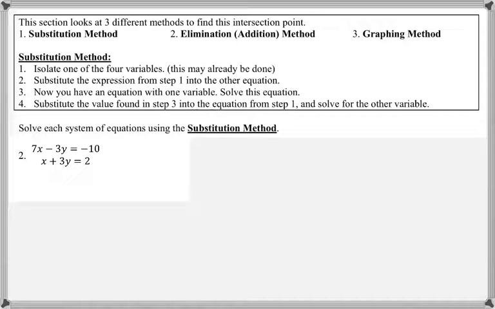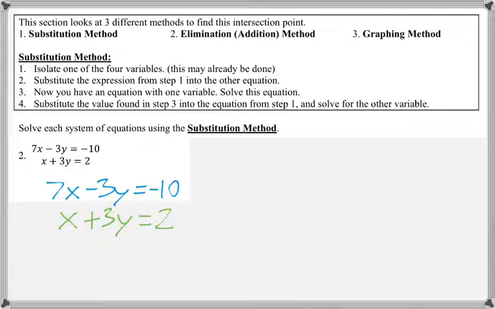number 2. Before we do number 2, I want to rewrite it with different colors because I think that can help sometimes with the substitution method, but you don't have to if you don't want to. Okay, so step number 1 says to isolate one of the 4 variables, and this may already be done.